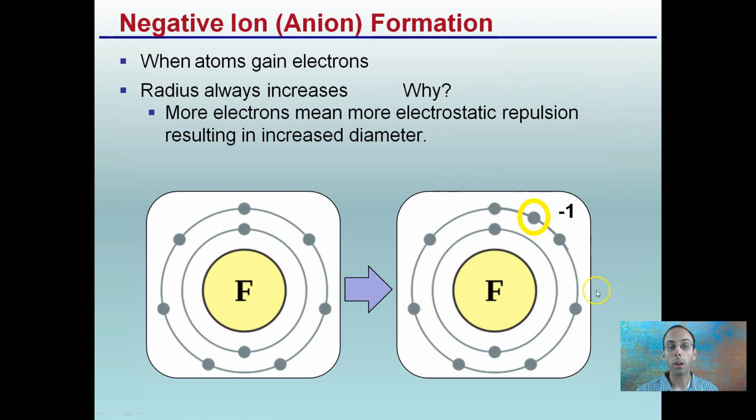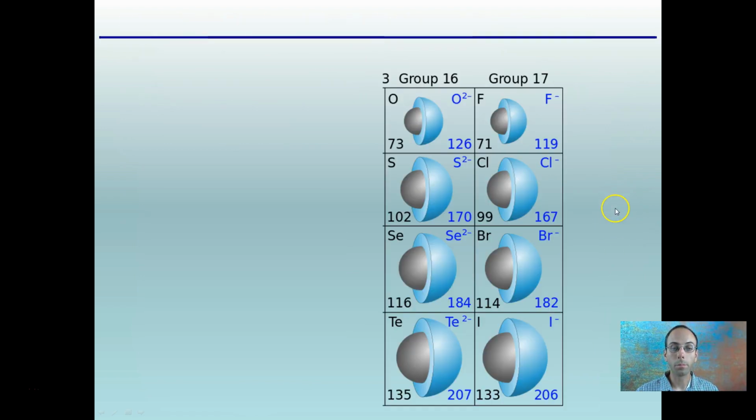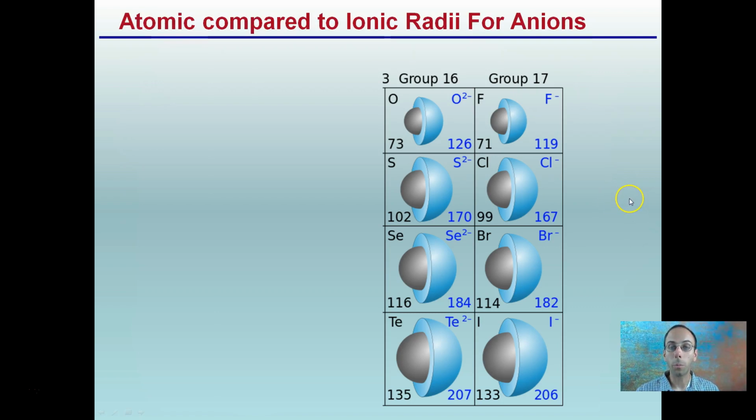So therefore, the radius on an anion, the negative charge, will increase over the neutral atom. We see that trend developed here also in the periodic table. Here's the neutral atom, and then here are our ions that are forming in blue. We see overall all of those are larger. The anions are larger radius than their neutral atom.